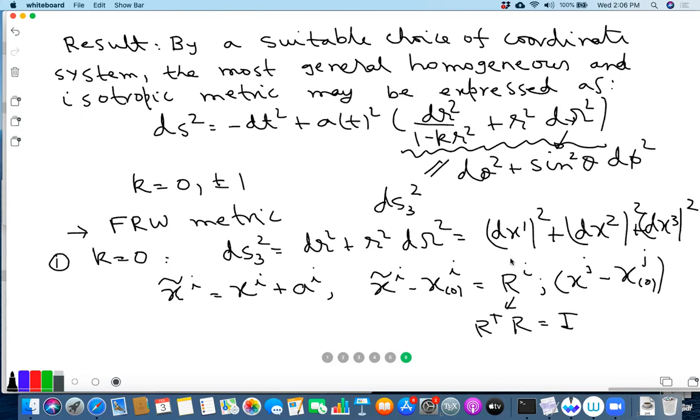You can easily check that this preserves the metric. This can move between any 2 points, and this leaves the point x naught fixed, because if xj is equal to x naught j, then x tilde is equal to x naught i. It leaves the point x naught fixed, and it moves points around it. Equal distance points it moves into each other. Any other question?